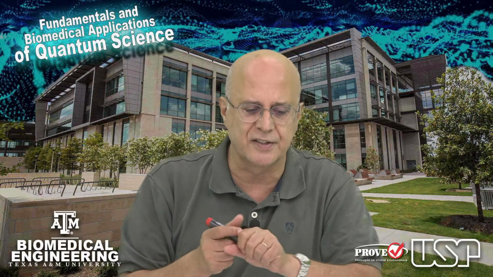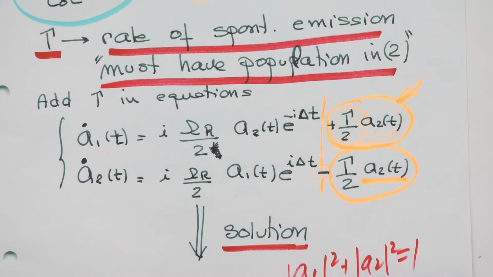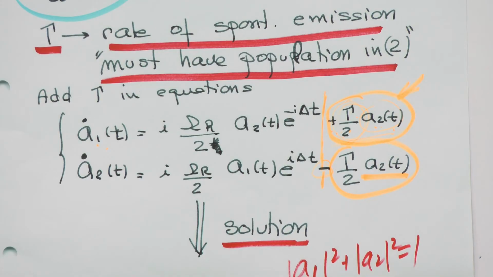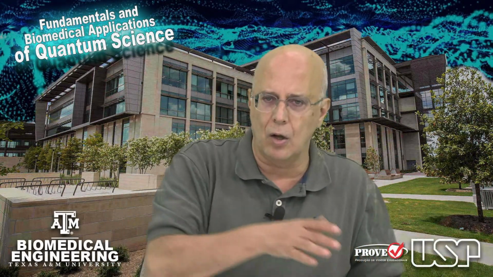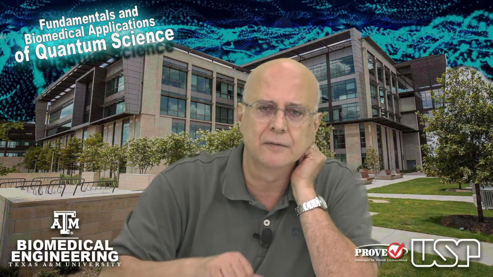Still we have A1 squared plus A2 squared equal to 1. We still have that, the conservation of probability. And you arrive at the solution. It is a long expression, so I'm going to express it in the plot.